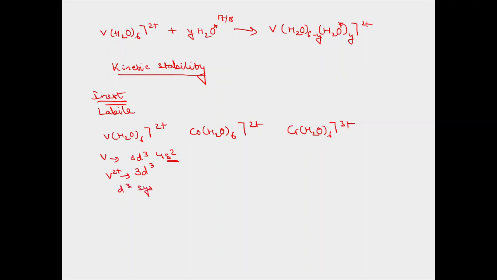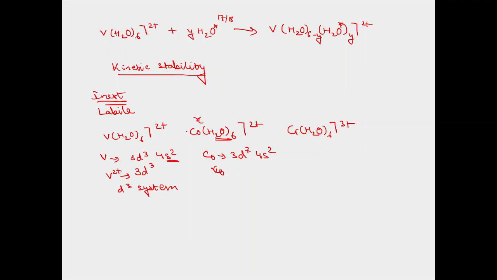Then moving on to this cobalt complex. Co is D7. Here also it is in plus 2 oxidation state. Why? Because we know that water is a neutral ligand, it does not carry any charge.